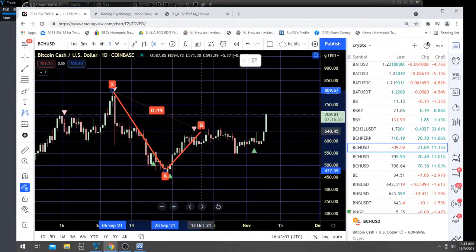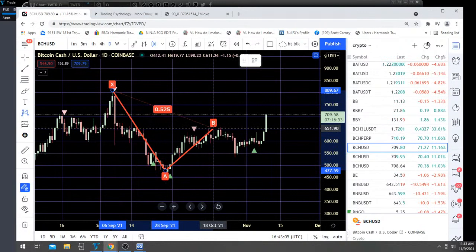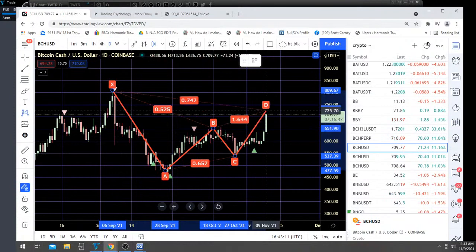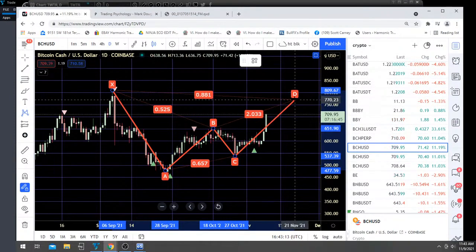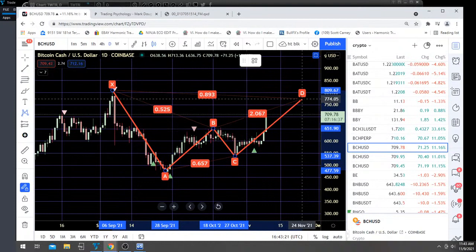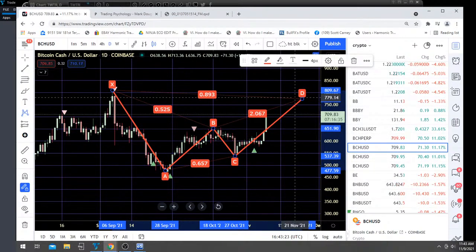So we have this whole W formation taking shape, B point at a 52. Basically, that's bat territory. So we'll target the 886. It's about what, 815? Something like that, right up in there.